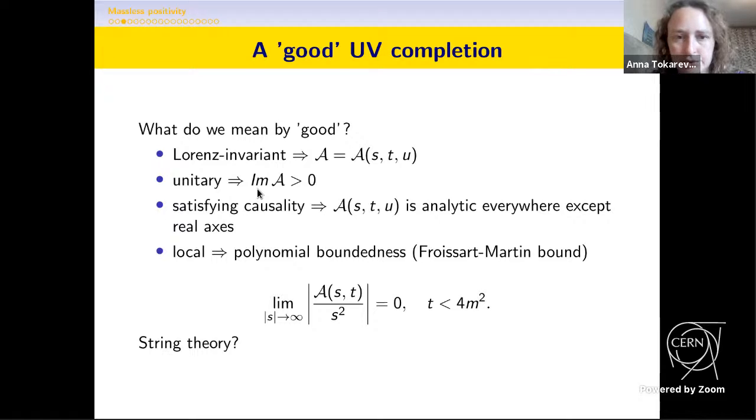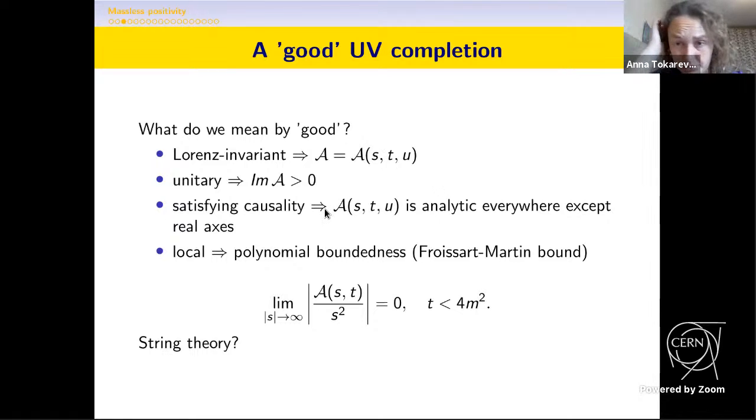What do we mean by good UV completion? We assume that the UV completion should be Lorentz invariant, and for scattering amplitudes, it means that the amplitude has to be a function of only three variables if we speak about the situation off shell. So it's S, T, and U, and on shell it's only two variables because they are connected.